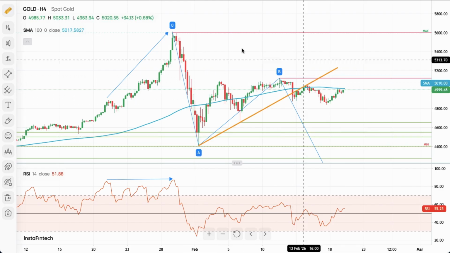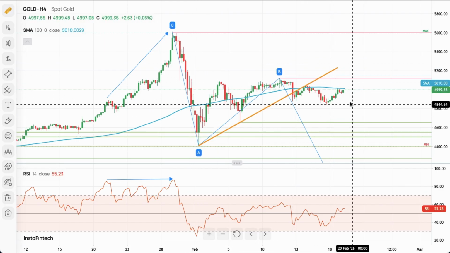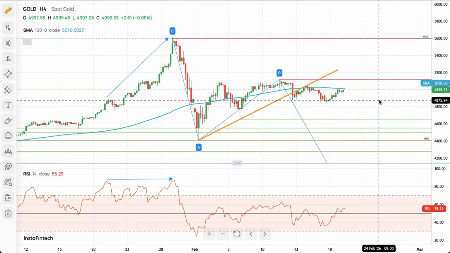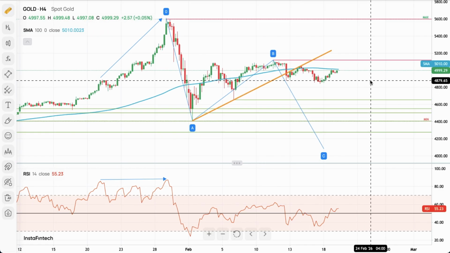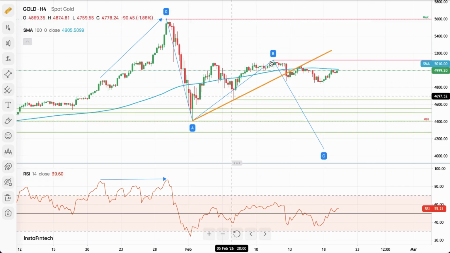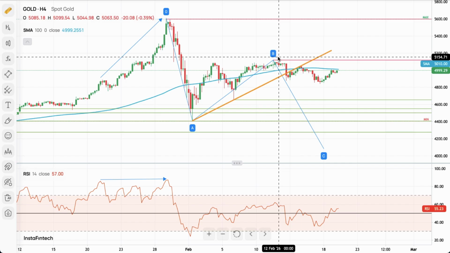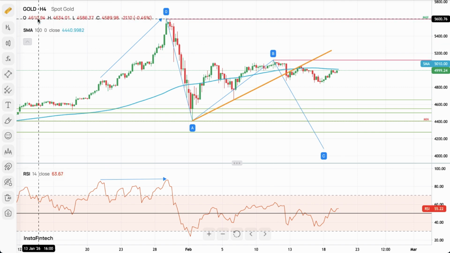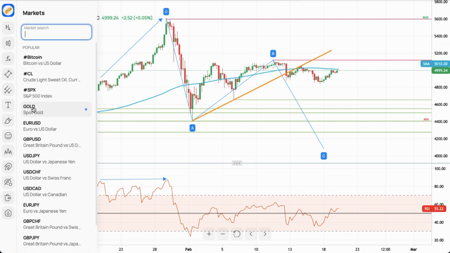Nevertheless, time-wise, this is already too long, and there is no leg to the downside, so the odds for the leg to the downside are getting lower and lower. So please consider that maybe our scenario ABC to the downside, impulsive wave A, corrective wave B, impulsive wave C, is presumably wrong, but there is no confirmation just yet for that.